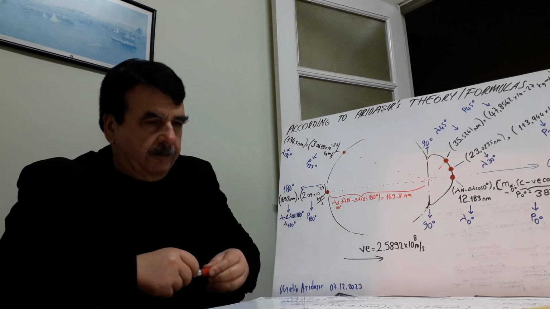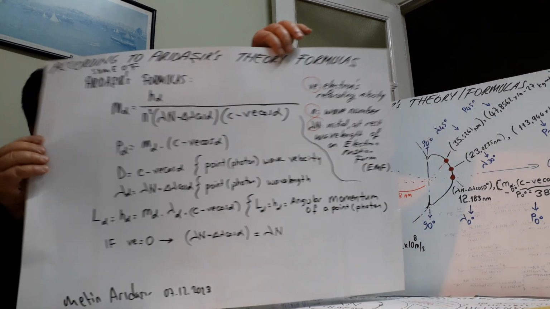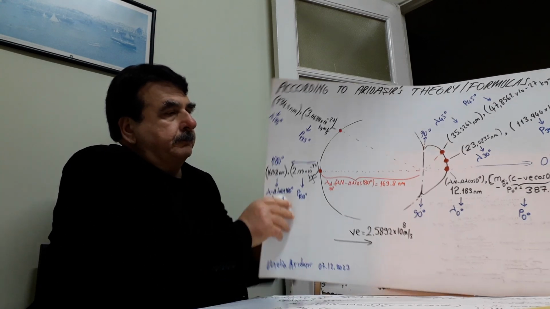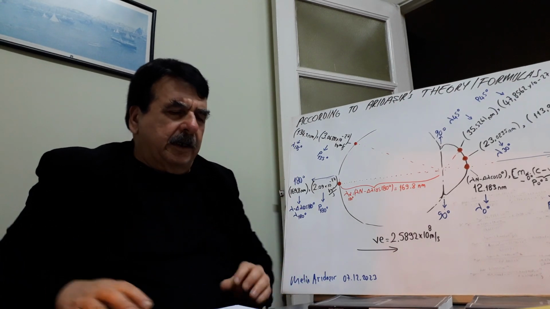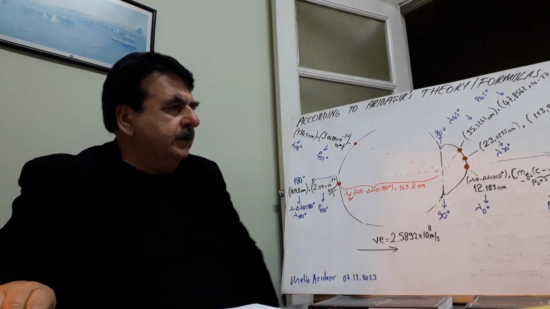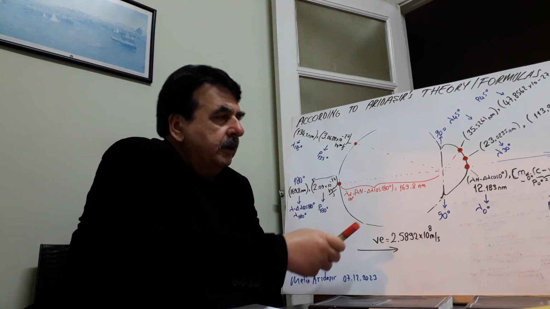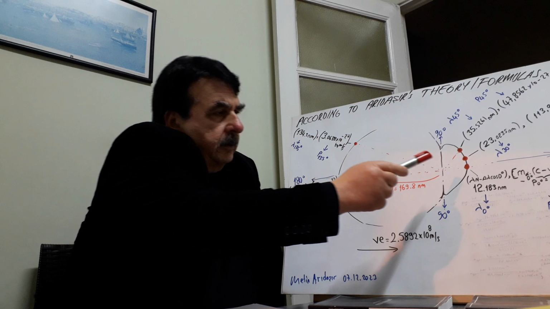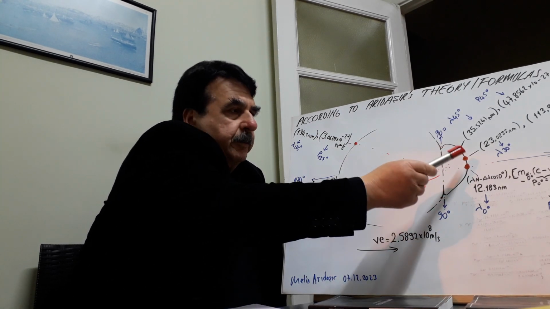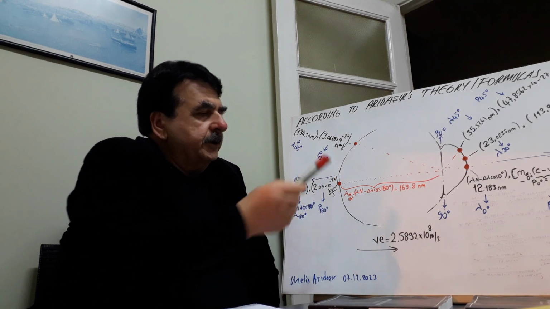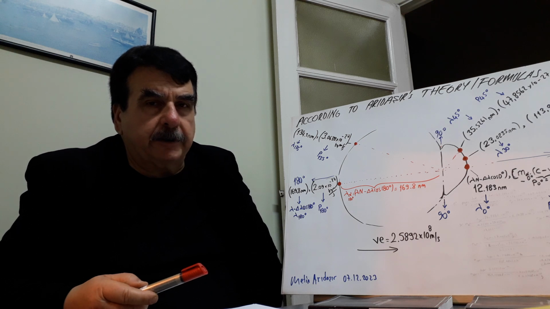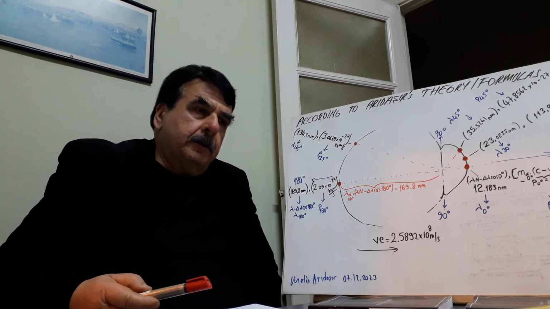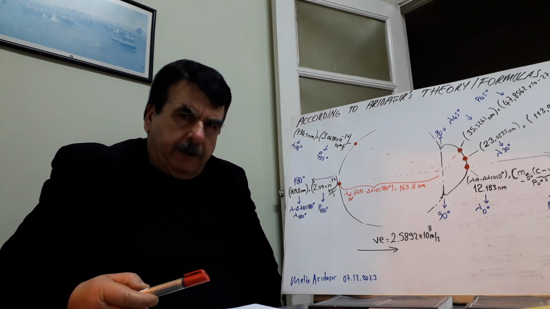Snapshot. Then here. According to my theory and my formulas, I have computed at this point, on this point, on this point, on this point, on this point, the photons' momentum and position, wavelength.